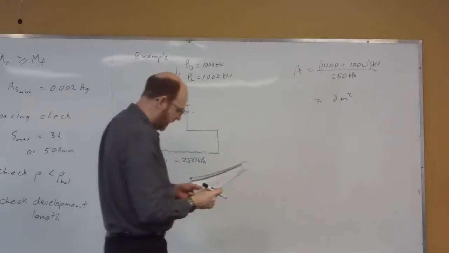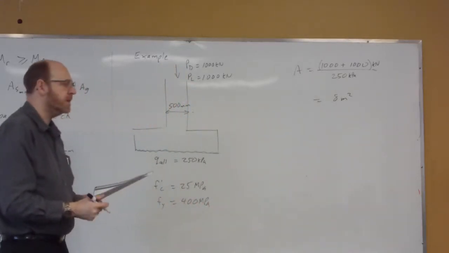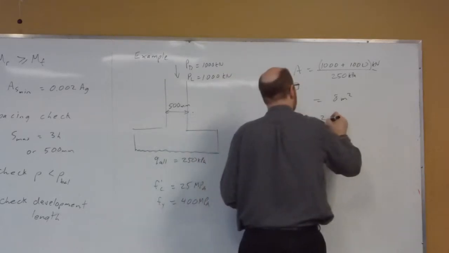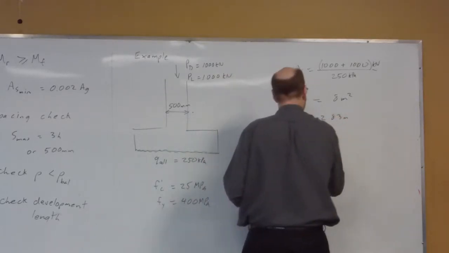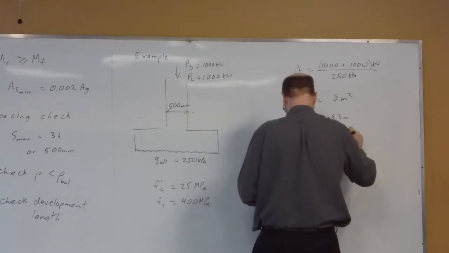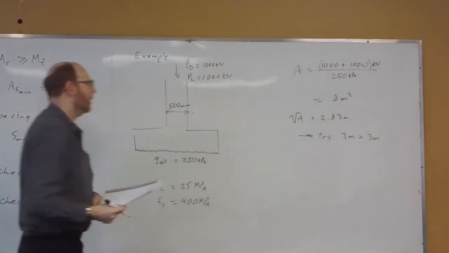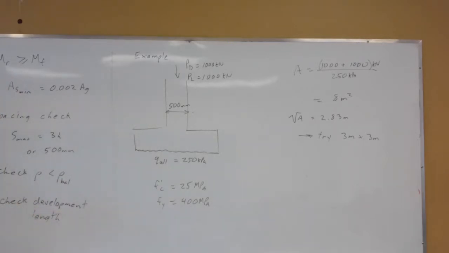So the square root of 8 works out to be 2.83, so we're going to round up and go with a 3 meter by 3 meter. Now we know what size we're dealing with.